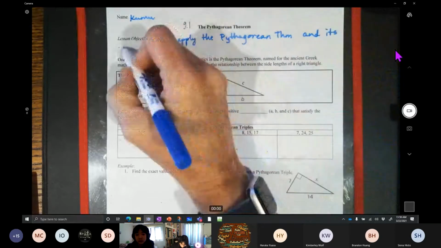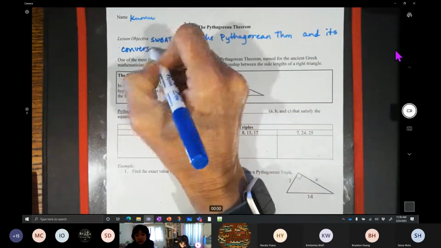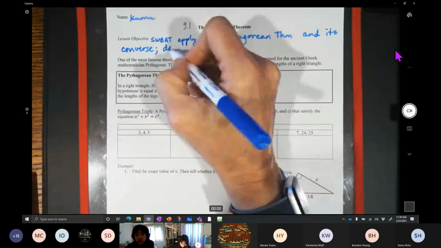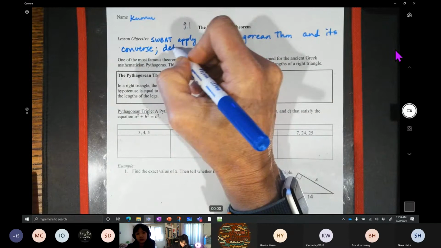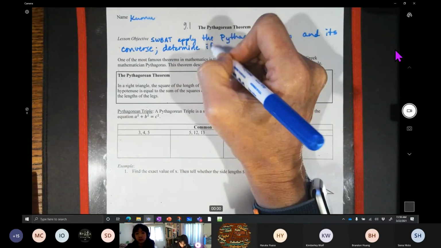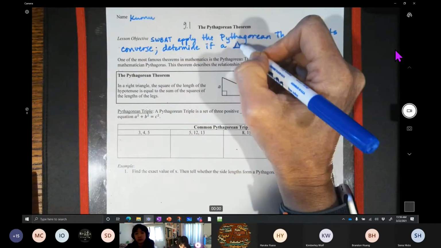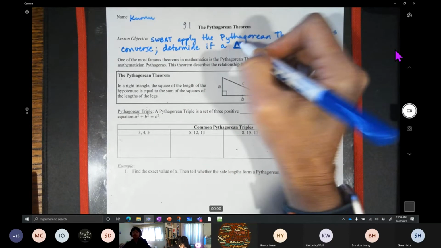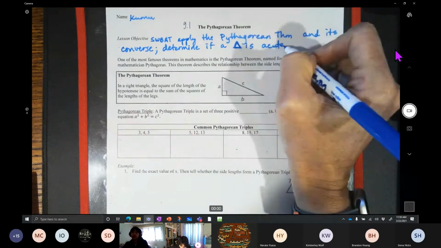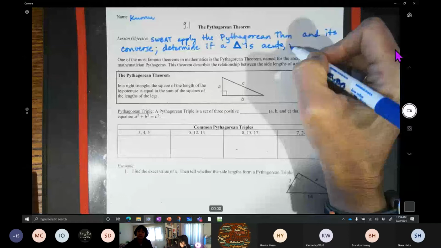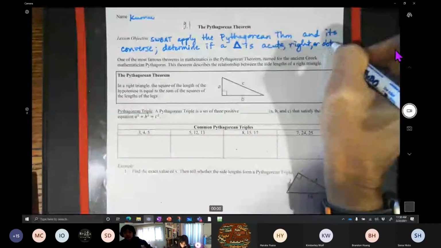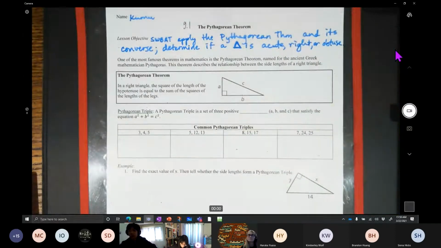It has a converse. I also am going to ask you to determine if a triangle is acute, right, or obtuse, and you can also do that with the theorem.